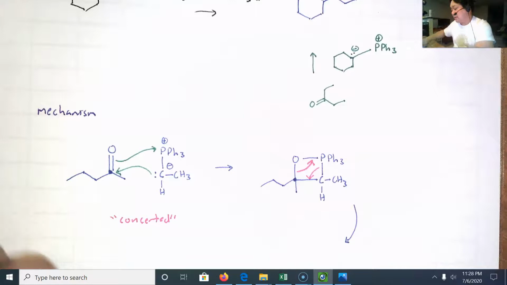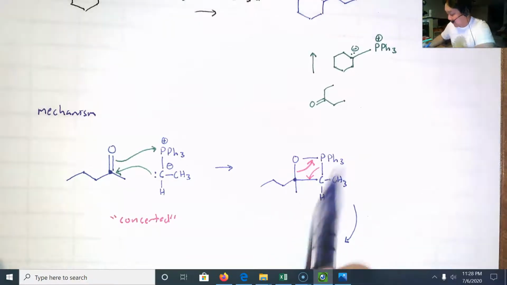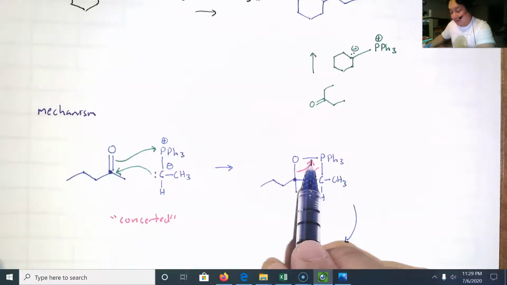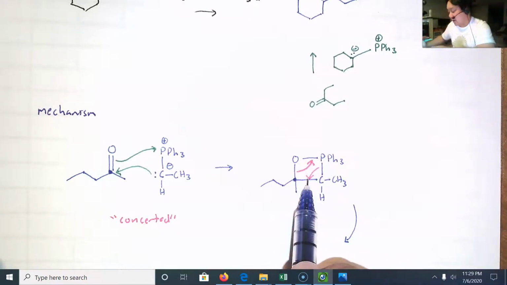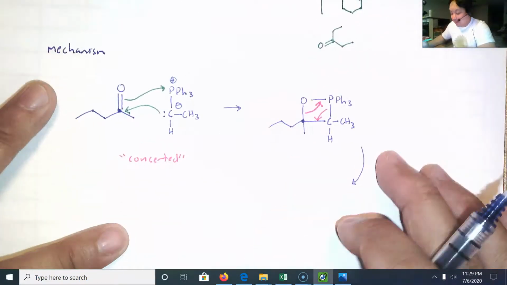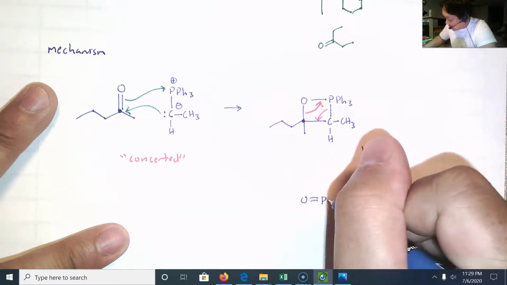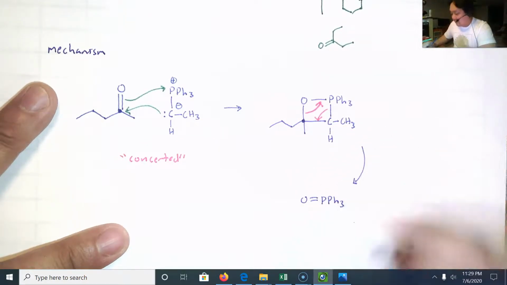But if any of my students do it the other way, right? If any of my students do it this way, where we take this bond and put it up here, and then have this bond collapse down, I want to count it wrong. What do we make here? Well, hopefully it's obvious that we made this molecule here, right?